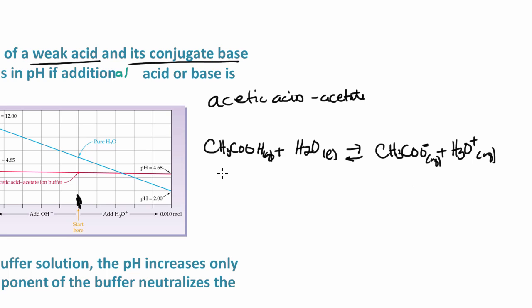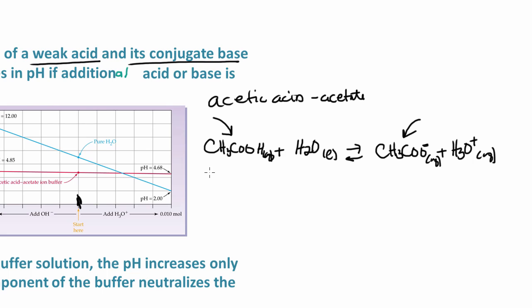Okay, so again, you can see we have this buffer system. If we add base, then the acetic acid will react with the base. If we add acid, the acetate ion will react with the acid. So that's going to keep the pH at a fairly constant level.